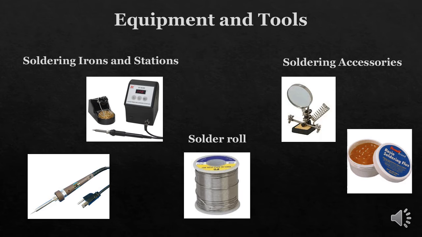For the soldering iron and the station, you can see in the picture, there is the gun for the soldering process, and for the solder roll, we usually use the solder material on a roll. For the soldering accessories, there are the workstation and the wax for the soldering process.